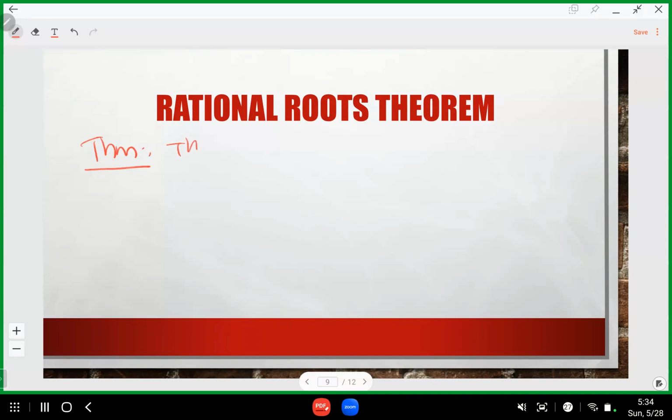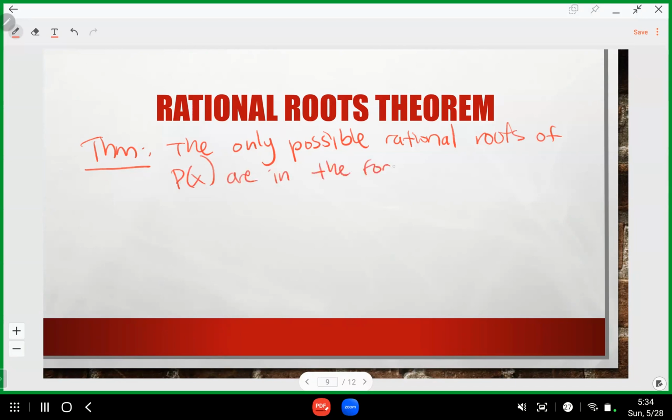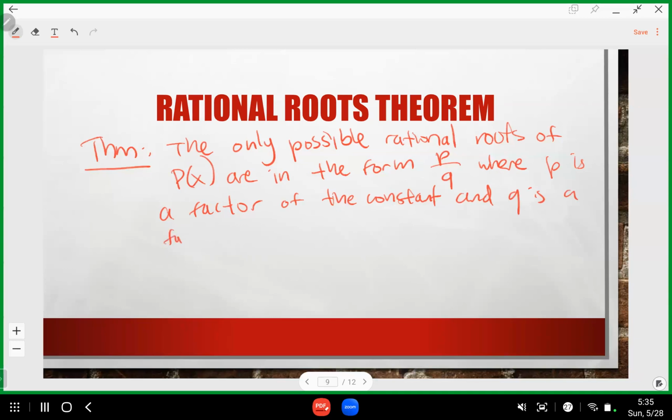The only possible rational roots of p of x are in the form p over q, where p is a factor of the constant and q is a factor of the leading coefficient.